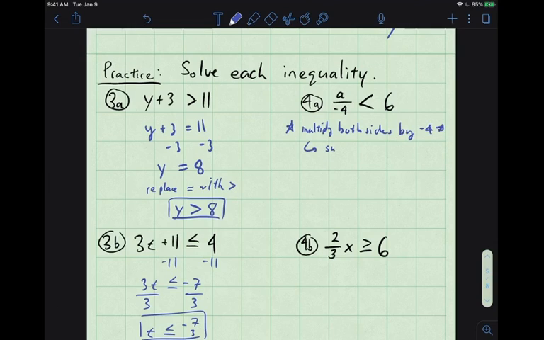Okay, switch the inequality sign. So when we multiply this thing, a by -4, this thing has to swap. Now it becomes pointing this way.